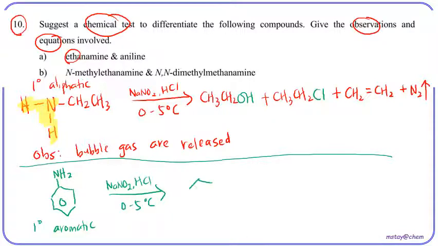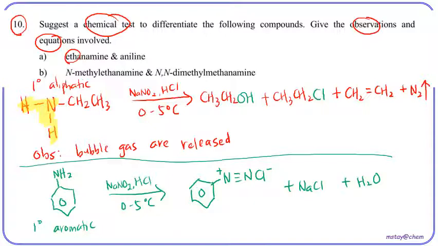For this one, we will get the benzene ring and then the N with a triple bond to N. The nitrogen with 4 bonds will have the positive charge and then Cl negative. At the same time, we will have the NaCl and water.